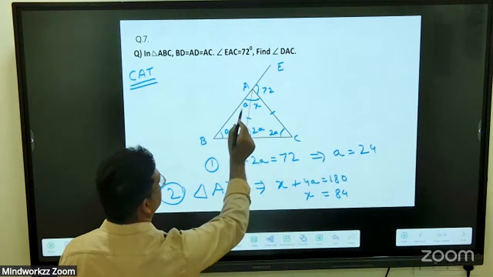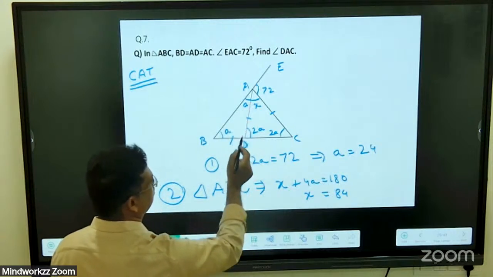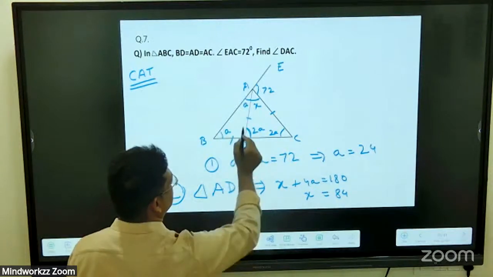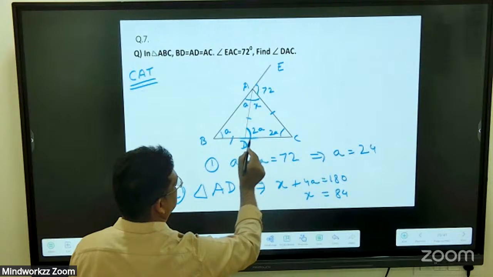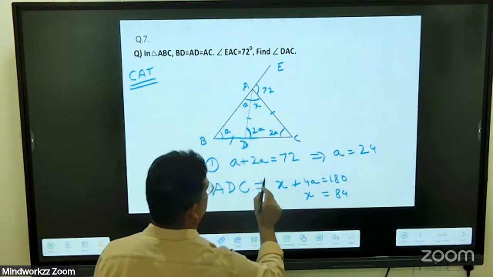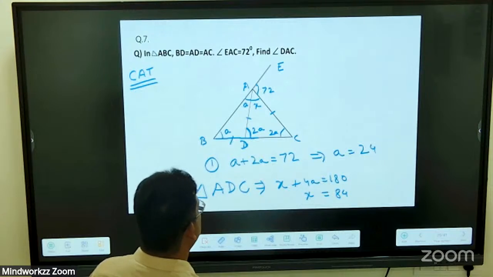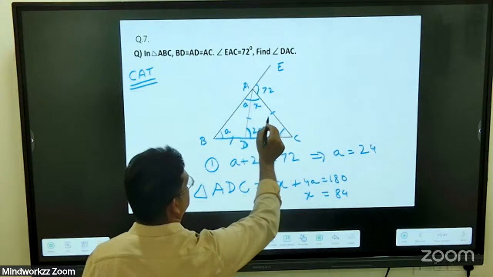So this will be angle A, this will be angle A, because angle opposite to equal side will be equal. Now this angle will be an exterior angle to triangle ABD, because we are extending this line, right? So this angle will be A plus A, 2A. Once you know this is 2A, this will also be 2A, because this and this side are equal.